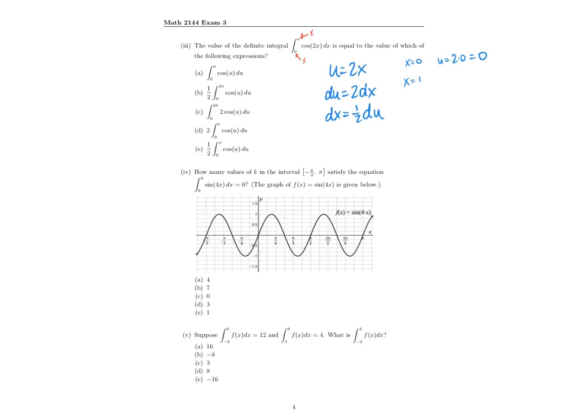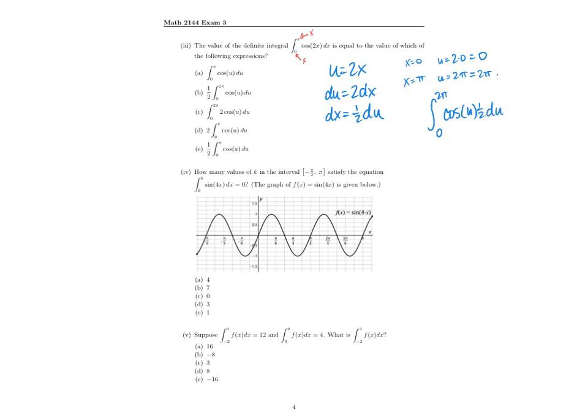And if x equals pi, then u is going to be 2 times pi, so u is 2 pi. And so my integral should be from 0 to 2 pi, and now I'm going to replace everything that involves an x with something involving a u. So I'll have cosine of u, and then dx I can write as 1/2 du.